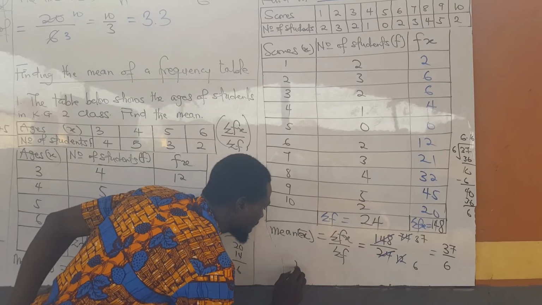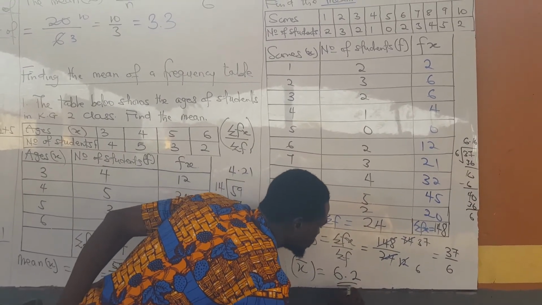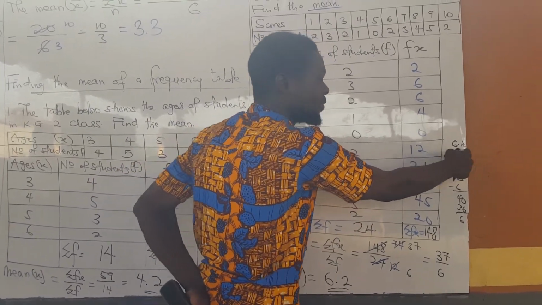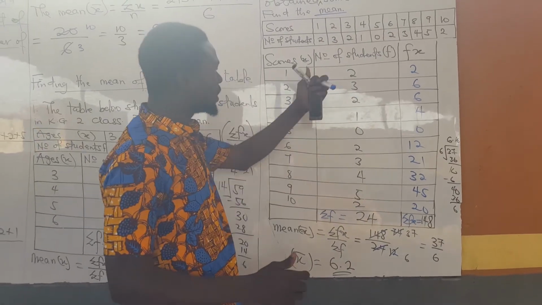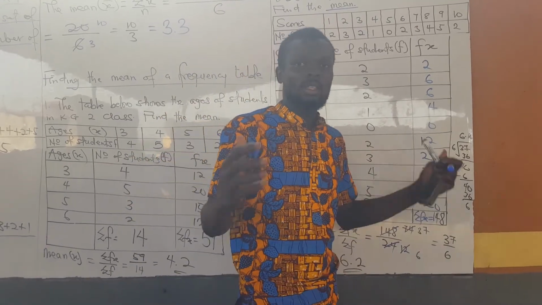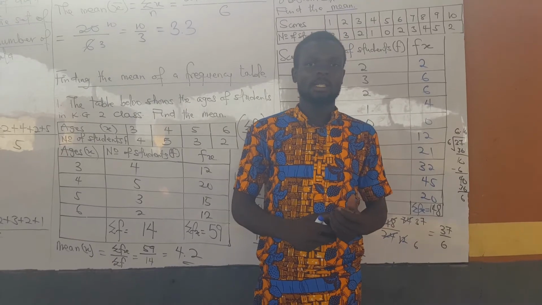So the mean is equal to 6.2. To 2 decimal places, because this is greater than 5, we are going to add 1 to it. And the mean for this table is 6.2.